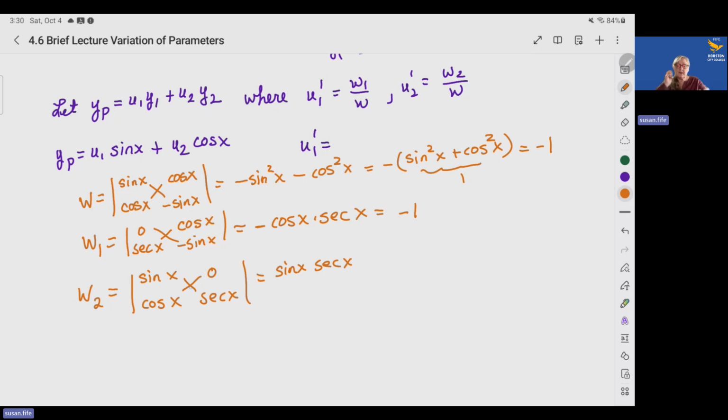So that gives me sine x secant x, but secant is the reciprocal of cosine. So I'm going to write that as sine x over cosine x, or tangent of x. So w2 is tangent of x.